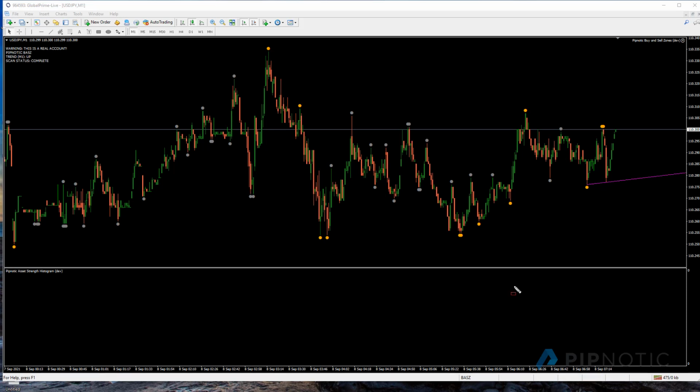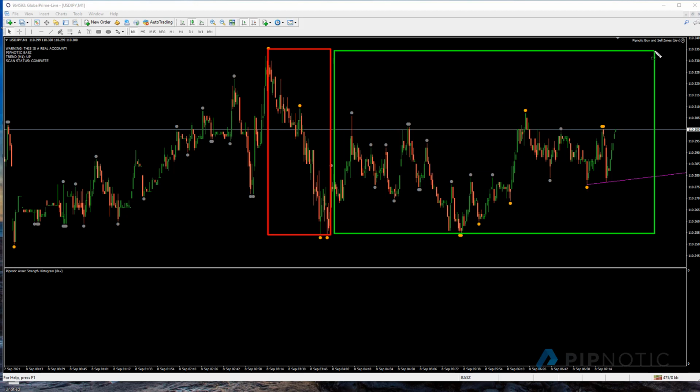I'm not going to mark these off because we know now. So this is the origin of this move, and this is the origin of this move. So we can go from here to here. Change the color to green. This from here to here.